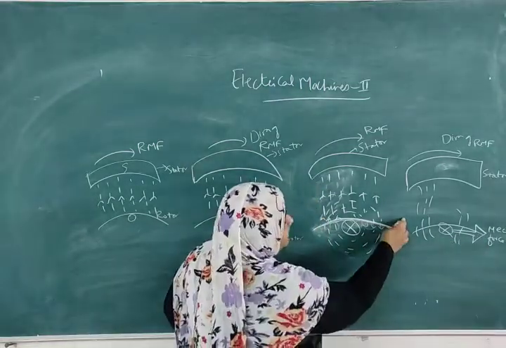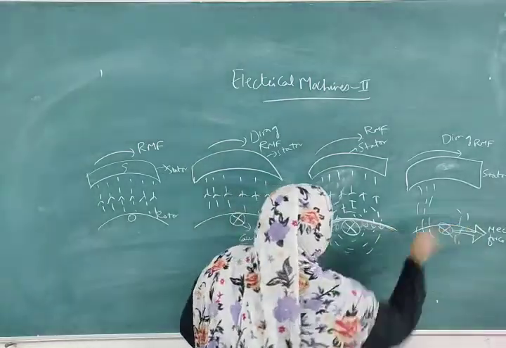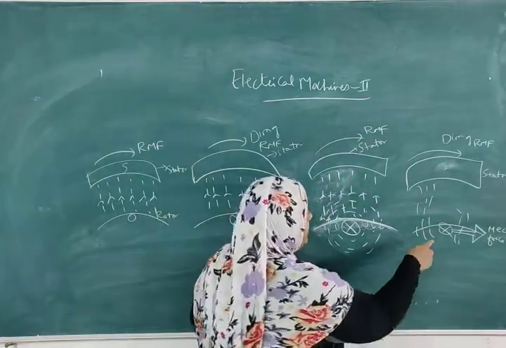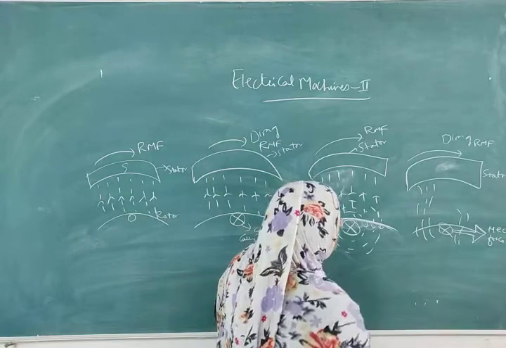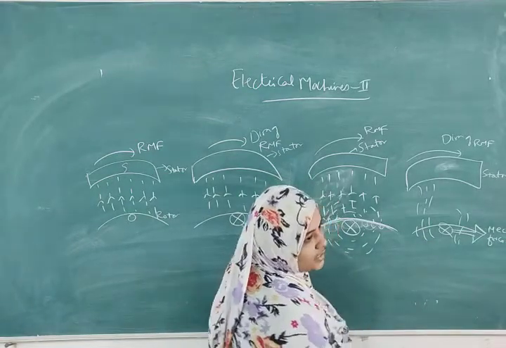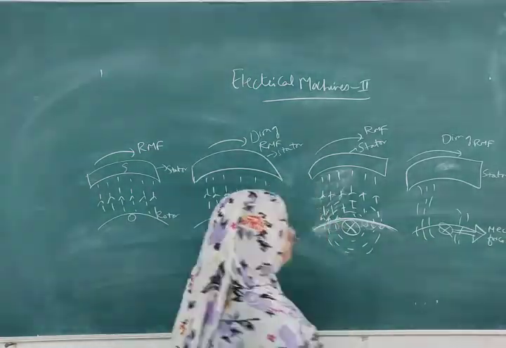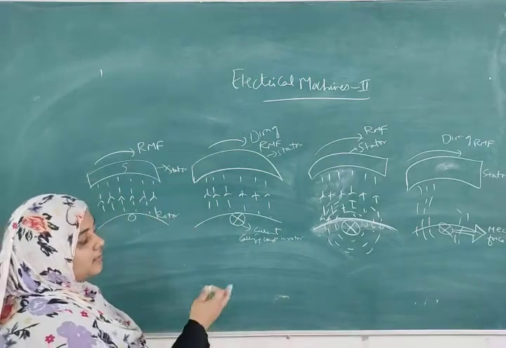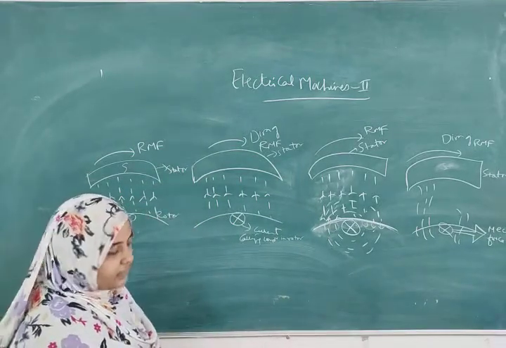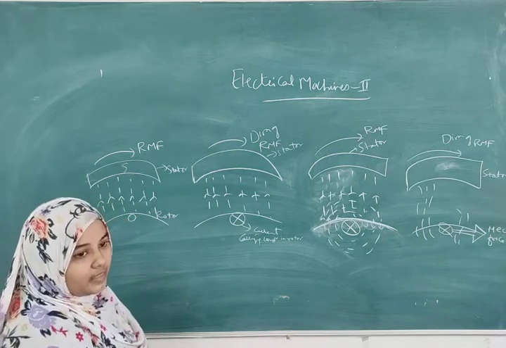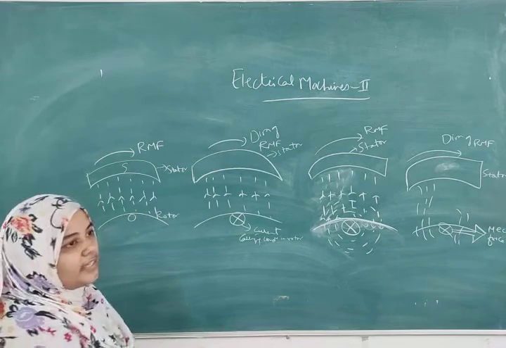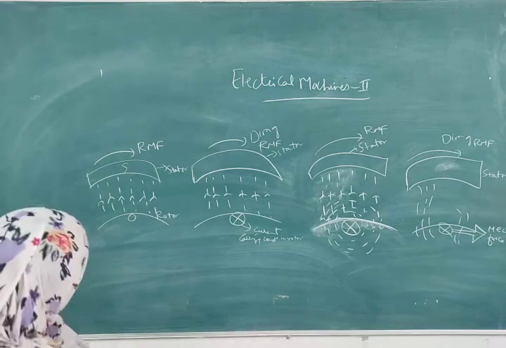So high flux density area is created on the left hand side, low flux density area is created on the right hand side, and high flux density area will exert a push on the rotor conductor towards low flux density area, and hence force will be developed in the conductor. All the conductors will experience force and rotor will experience the torque, and rotor starts rotating. So this is how a three-phase induction motor works.